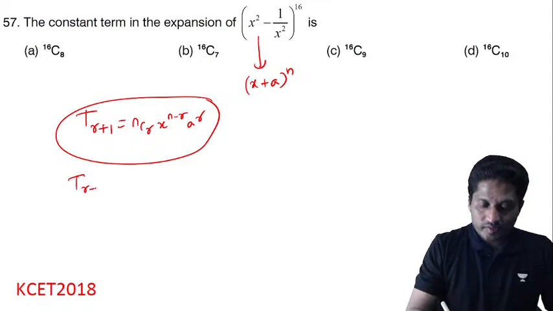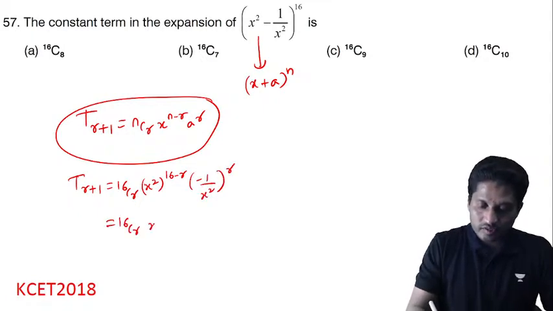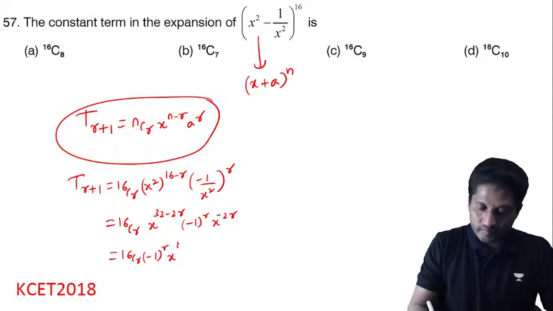So T r plus 1 is equal to 16Cr, x square whole to the power of 16 minus r, into minus 1 by x square whole power r. This is 16Cr x to the power of 32 minus 2r, minus 1 power r, shift to numerator x power minus 2r. 16Cr minus 1 power r x to the power of 32 minus 4r.